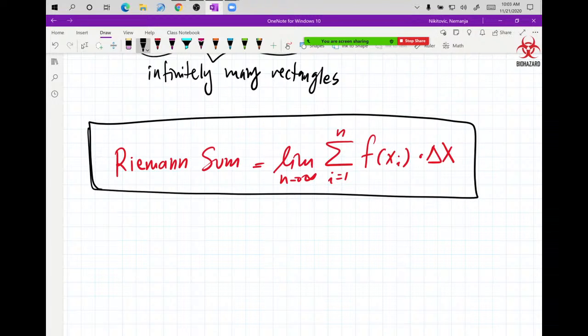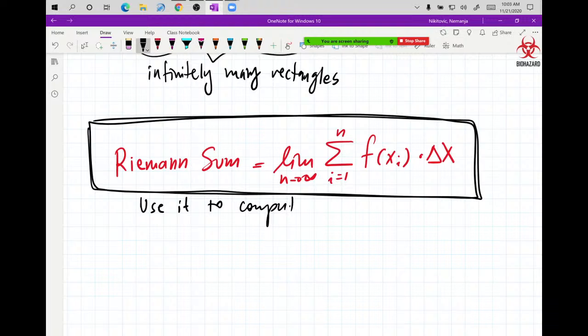There we go. So use it to compute exact area under the curve f of x.